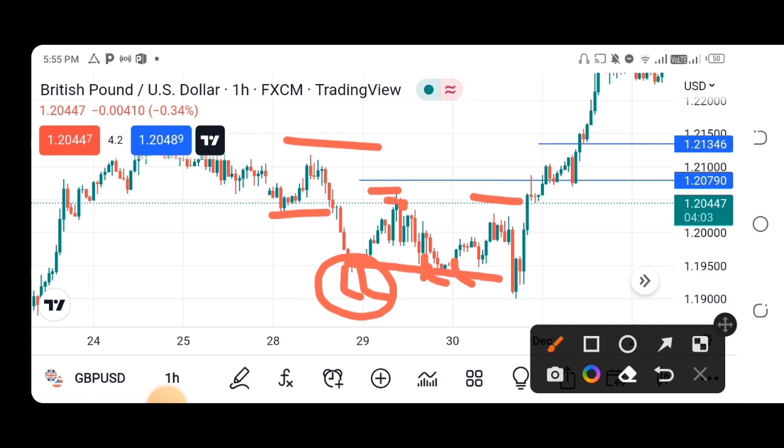But since the high is not broken, you are still in a bearish trend, right? So you enter here, and now you have your new lower low because this low is broken. So you have your new lower low here, right?